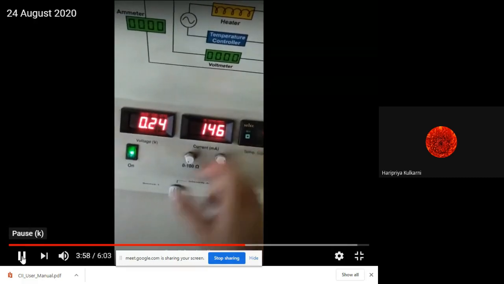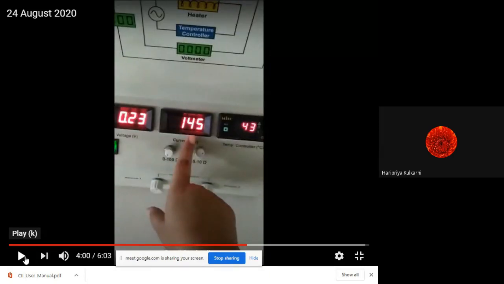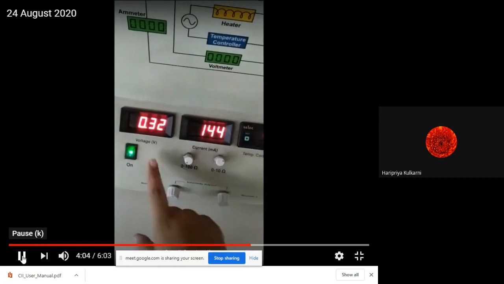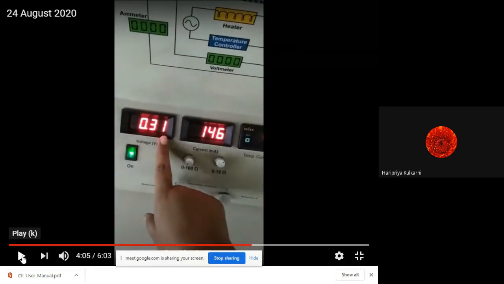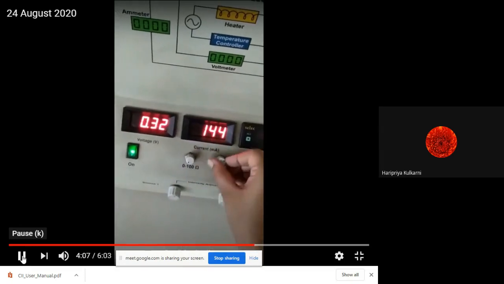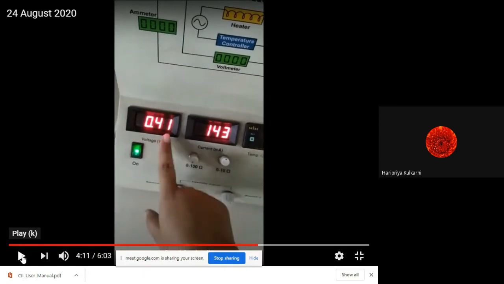I am varying the load. Okay, so voltage 0.23 volt, current 145 milliampere is the second reading. Next reading 0.31 volt, 146 milliampere. Again you have to vary the load. 0.41 volt, 143 milliampere.